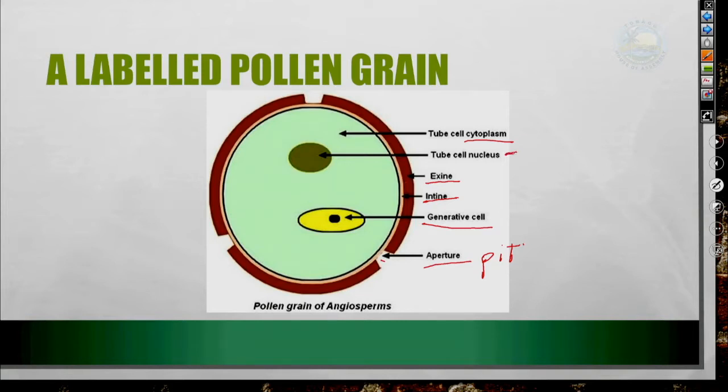But your annotation, so if you have a tube cell nucleus, you can say it's responsible. Under your annotation, you can either say something about structure or function. So you can say it's responsible for guiding the formation of the pollen tube.